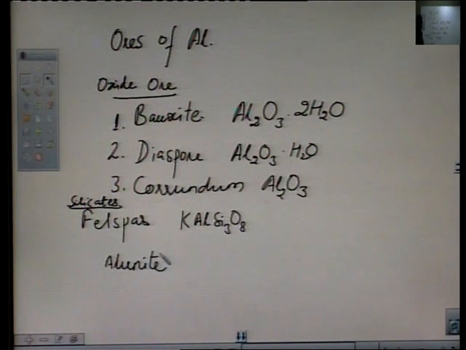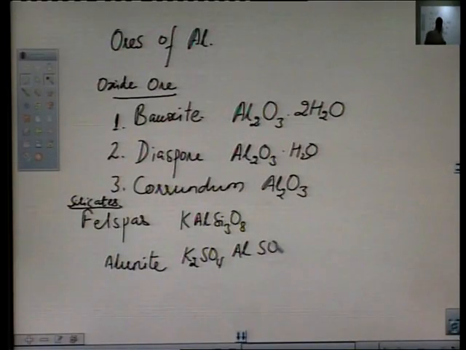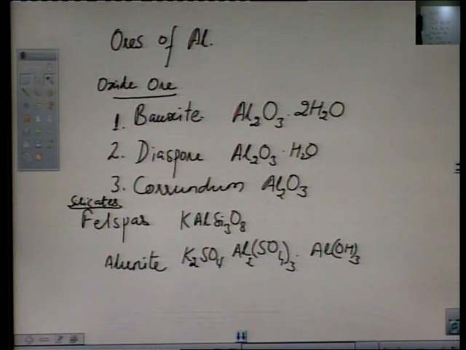So, the different ores of aluminium are bauxite, diaspore, corundum, feldspar and alunite.